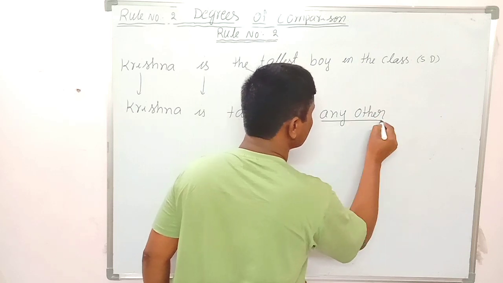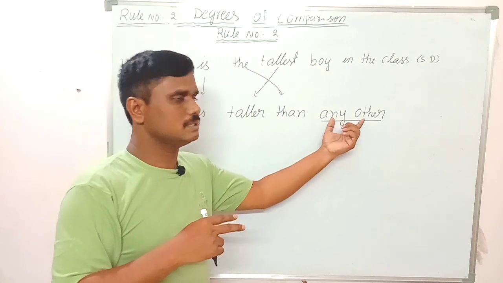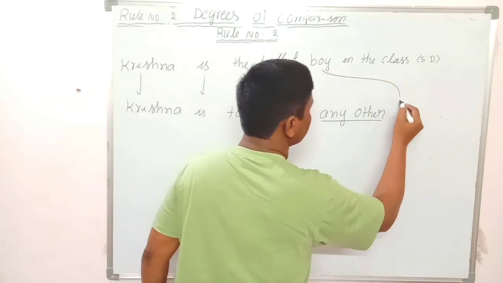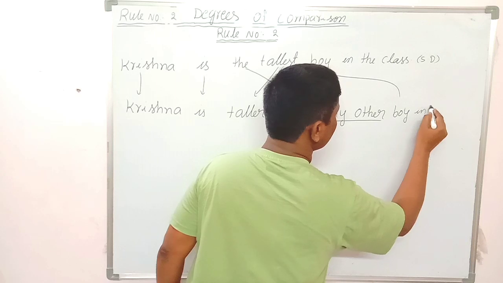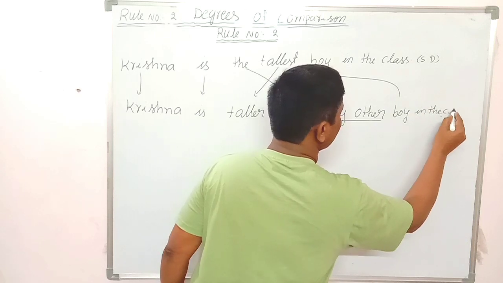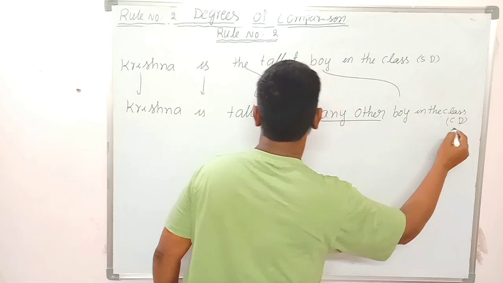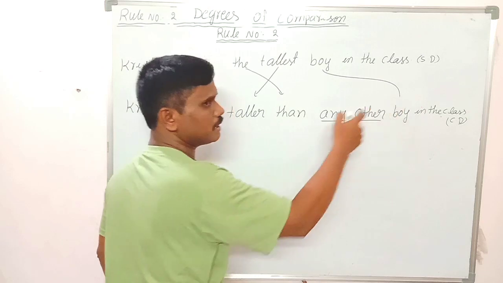These two new words we have to use on our own, any other, and the remaining words, whatever words we find, we write as it is. That is boy in the class. This is a comparative degree sentence. Krishna is taller than any other boy in the class.